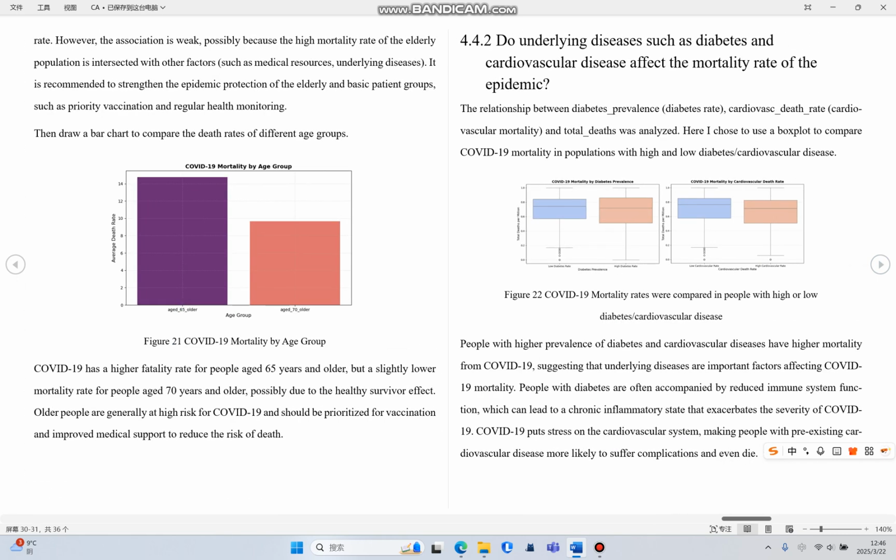These box plots compare COVID-19 mortality between populations with high and low prevalence of diabetes and cardiovascular diseases. Mortality is significantly higher among those with these underlying conditions, indicating that they are important factors affecting COVID-19.